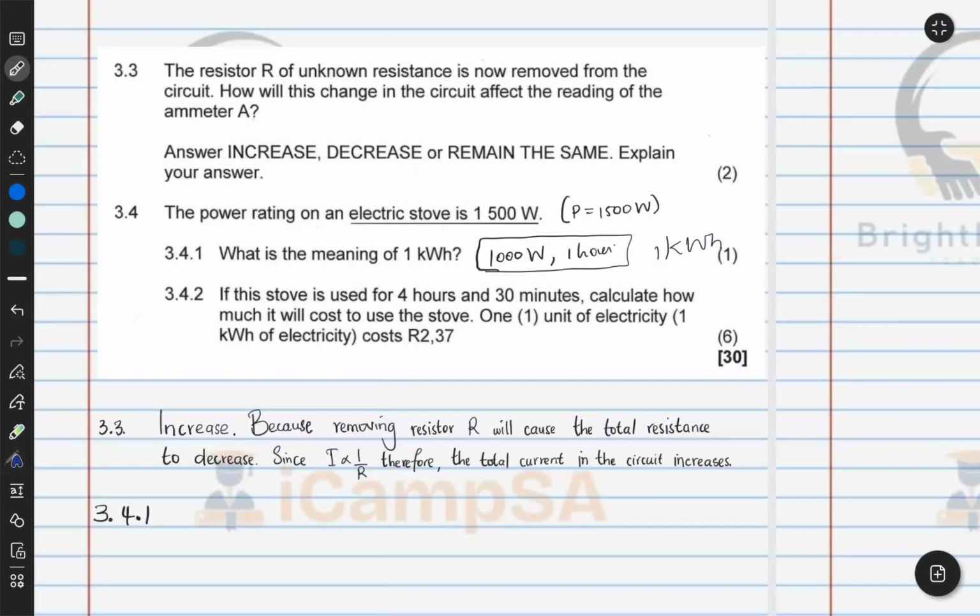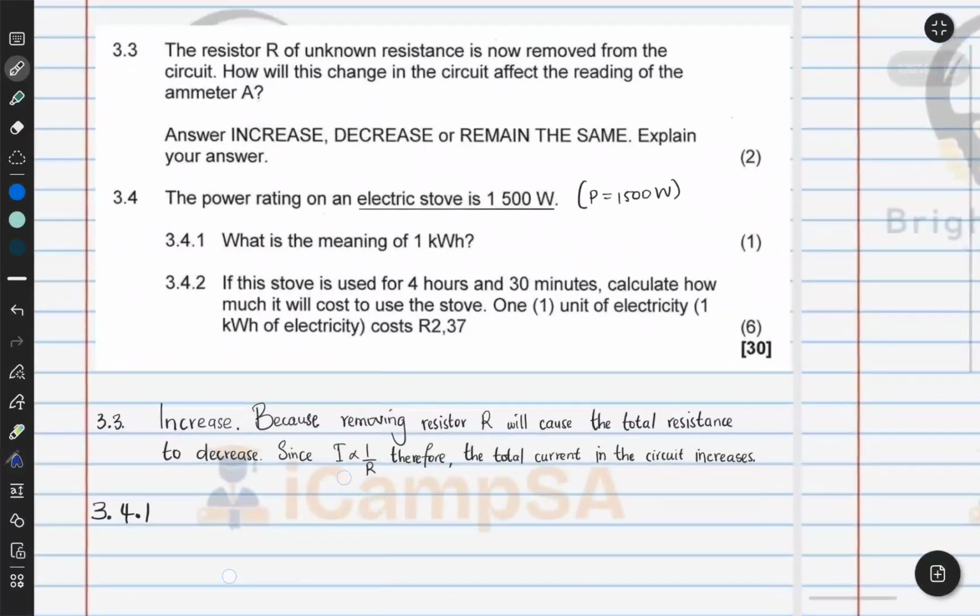So that's what it means. It's just a unit of electrical energy to help us measure how much an electrical appliance has consumed. So that's how you would answer. Let me just write it.